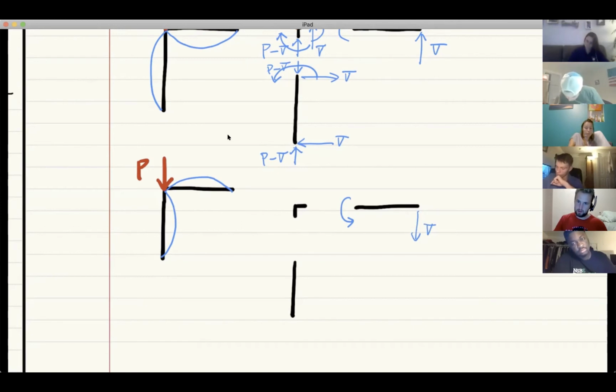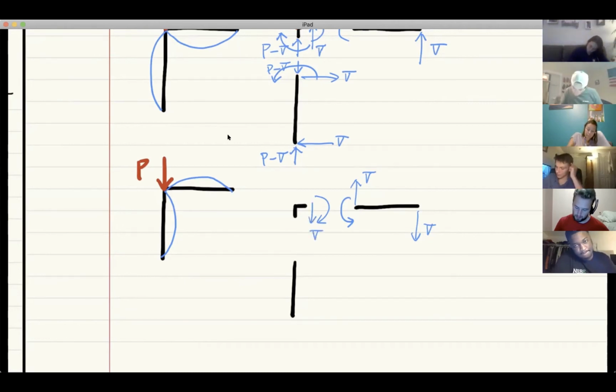Now, if you know the shear force by force equilibrium, you know that at the other end, the shear force must be going upward, like this. And at the same time, the moment at the other end must be going in the opposite direction, right? And also, by force equilibrium, you know the shear force acting at the joint must be going downward. So this is the RV here.